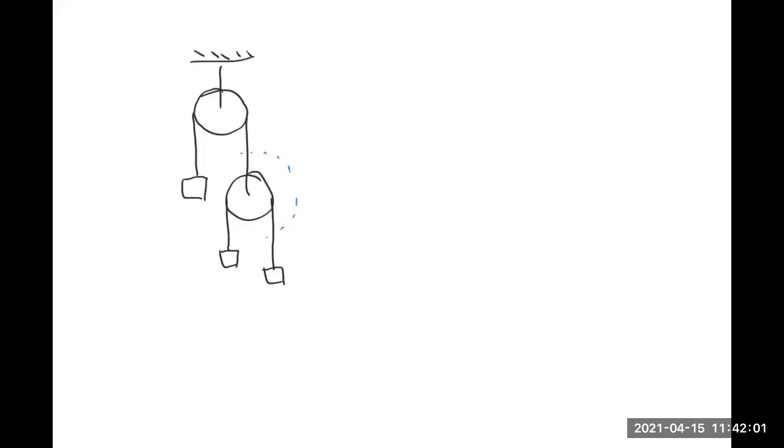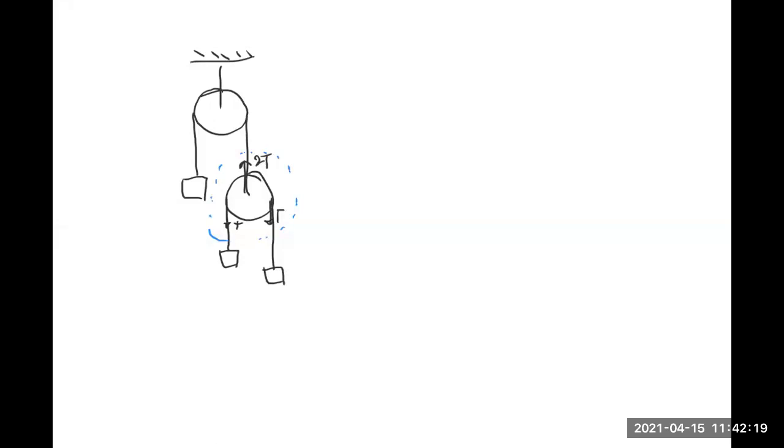we did a question like this where we had a block here and we did a question like this. So in this case, if you looked at this part of the system, if you had assumed that the tension here is T, then the tension here becomes 2T. There are two things happening here. Let me show you what two things are happening.